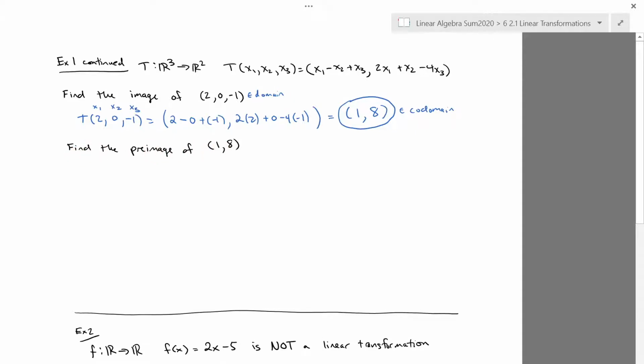Okay, so now let's try to calculate the preimage of something. So this belongs to the codomain. So finding the preimage of something means finding all elements in the domain, say x1, comma, x2, x3, such that T transforms this vector into the element that we want.